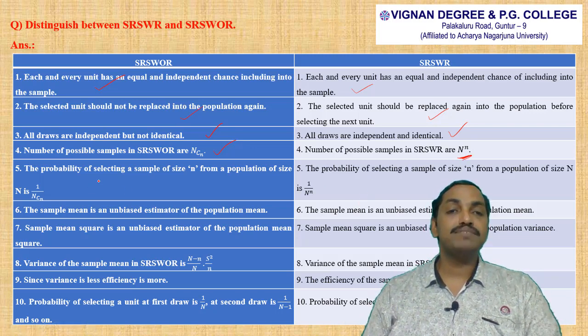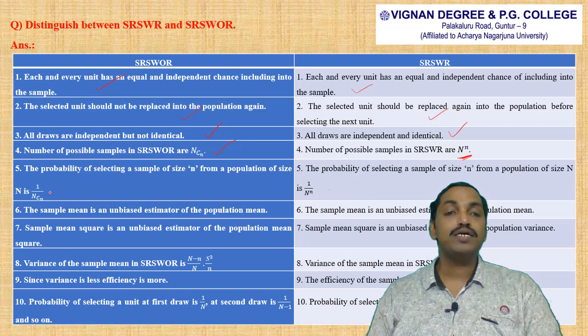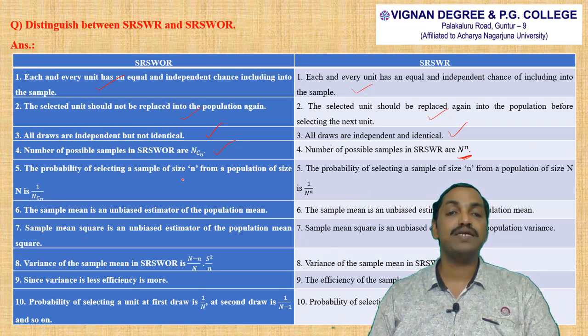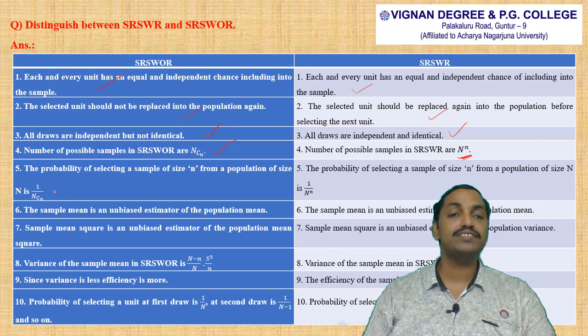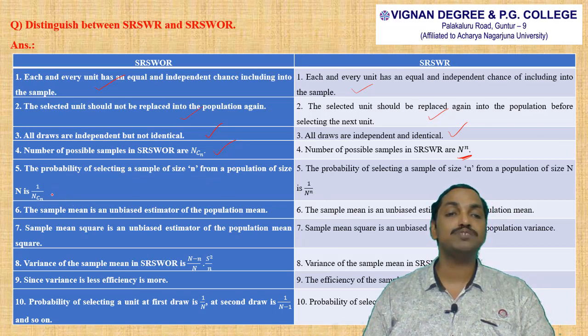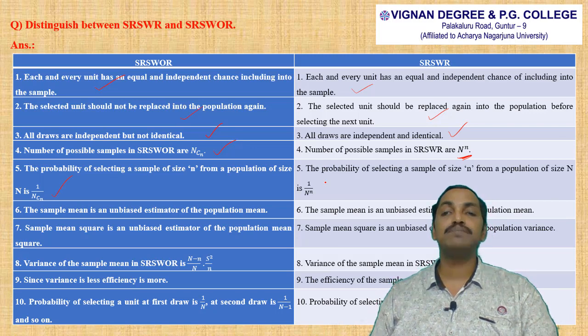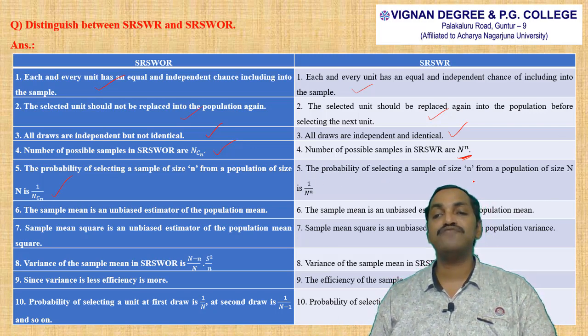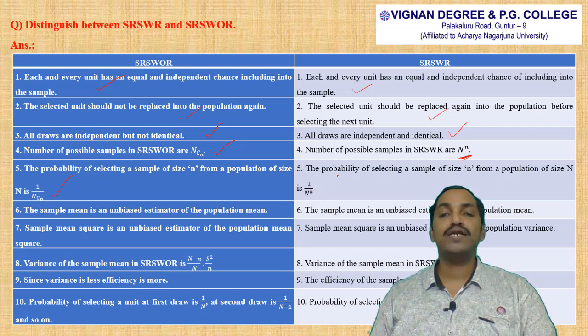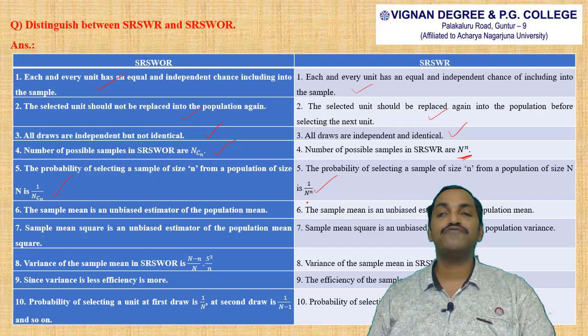The fifth one is, in simple random sampling without replacement, the probability of selecting a sample of size small n from a population of size capital N is 1 divided by capital N C small n. Whereas in simple random sampling with replacement, the probability of selecting a sample of size small n from a population of size capital N is 1 divided by capital N to the power of small n.